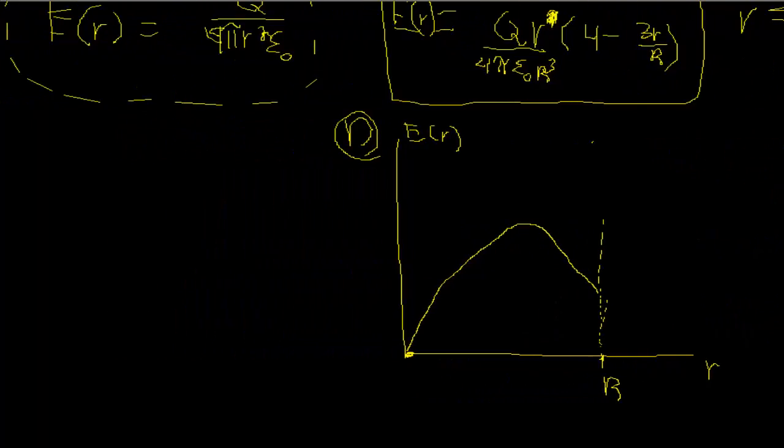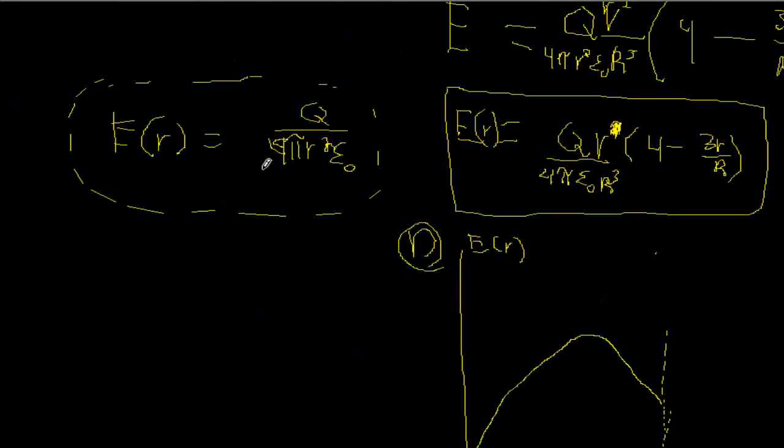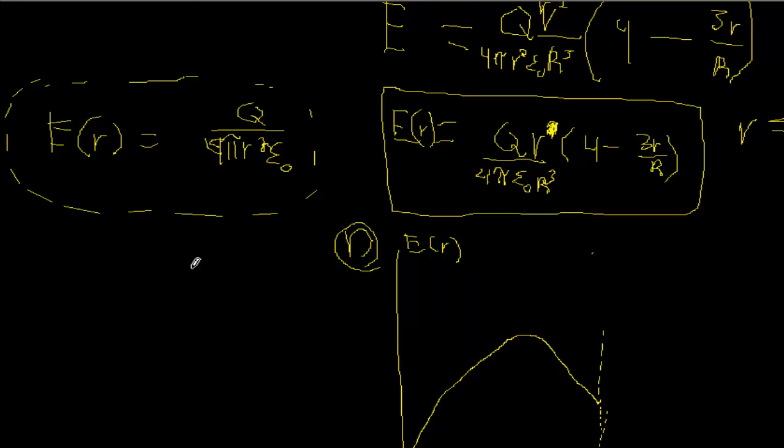And so we can just go to this equation right here to find what's going on after we pass the radius. All that this equation is simply some constant q divided by 4 pi epsilon naught, and we'll just call that k, times 1 divided by r squared.